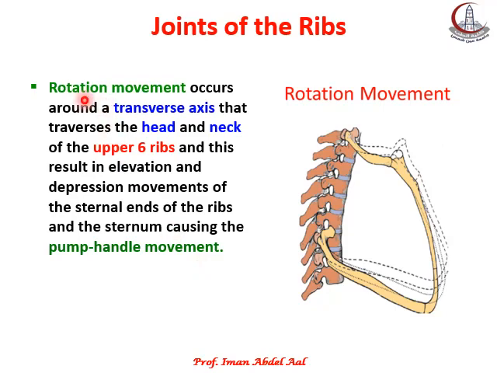So rotation movement again occurs around the transverse axis, which passes through the head and neck of the upper 6 ribs. This results in elevation and depression of the sternal end of the rib, causing the sternum to move up and down. This movement is called the pump handle movement.